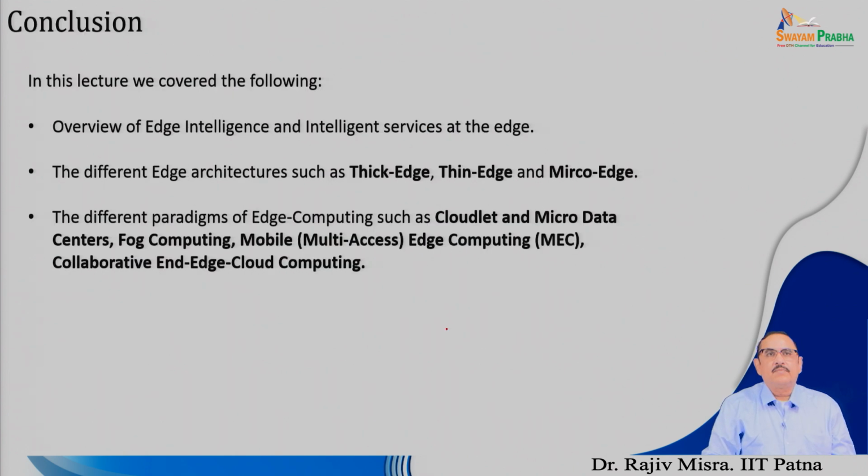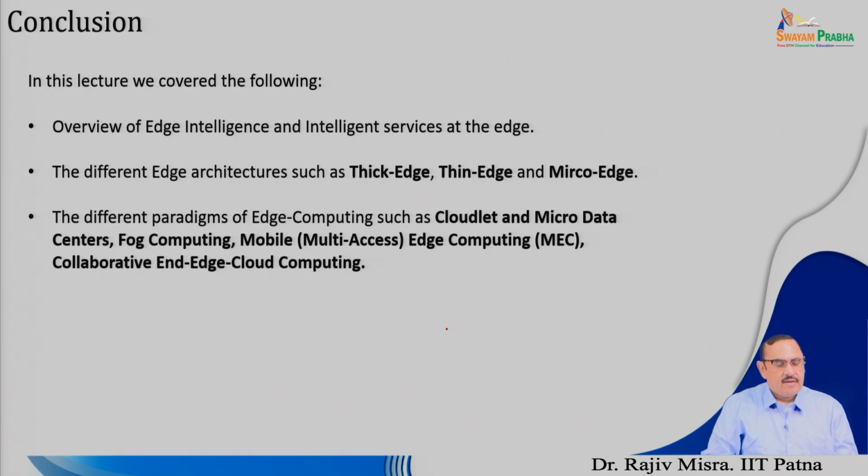So, in conclusion, in this lecture we have covered the following concepts. We have discussed edge intelligence and intelligent edge services, which are evolving and giving rise to different edge architecture paradigms and also different edge architectures such as thick edge, thin edge and micro edge.